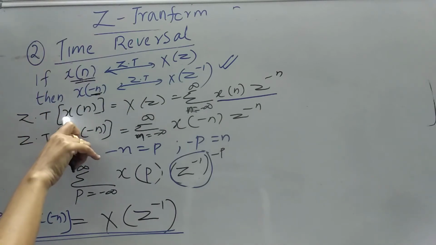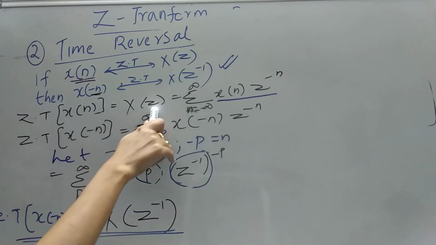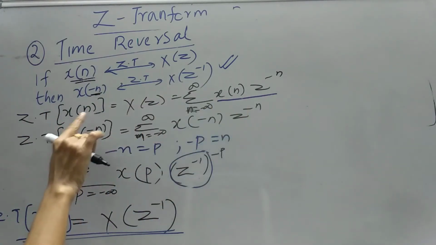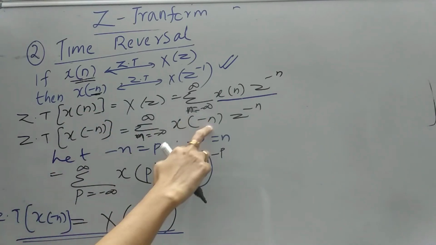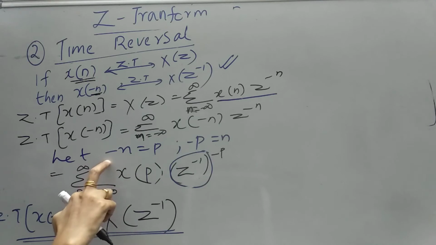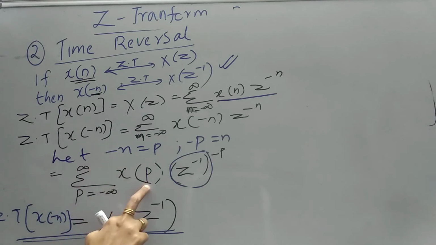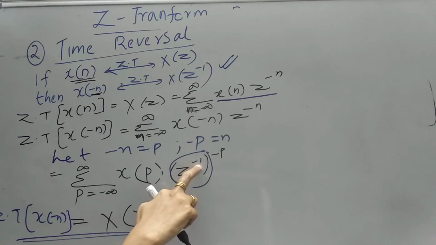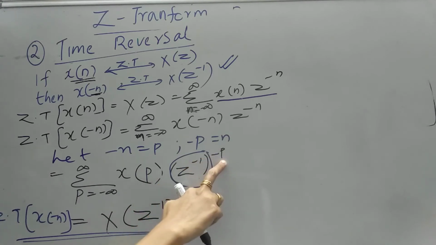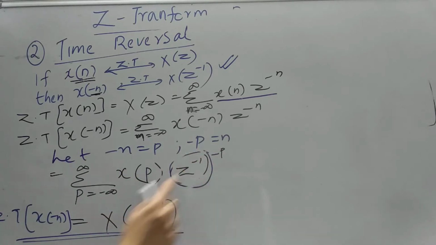We took the standard z transform of x of n, substituted x of minus n in place of x of n, and took minus n equal to p. Here we got z raised to p, for which we wrote z raised to minus 1 whole raised to minus p. Whatever comes here, you write it as the z transform, and you get X of z raised to minus 1. That is our proof.